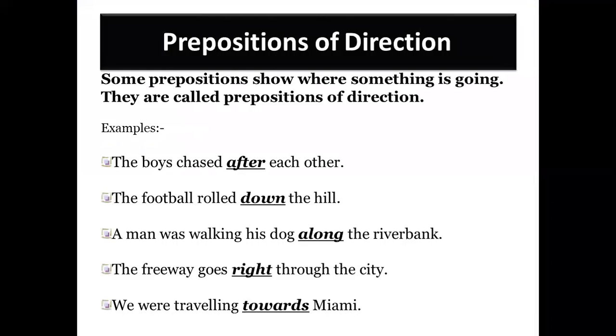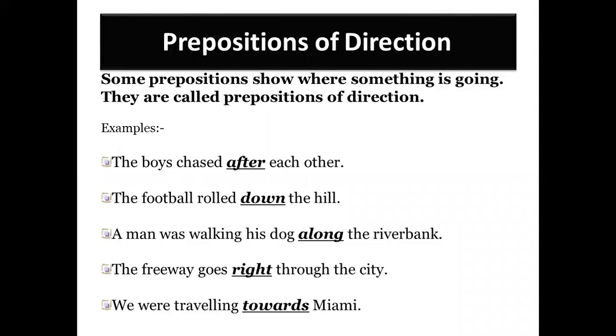Now the third one is preposition of direction. When we talk about preposition of direction, it tells where something is going. We can also say movement, or we can also say motion.